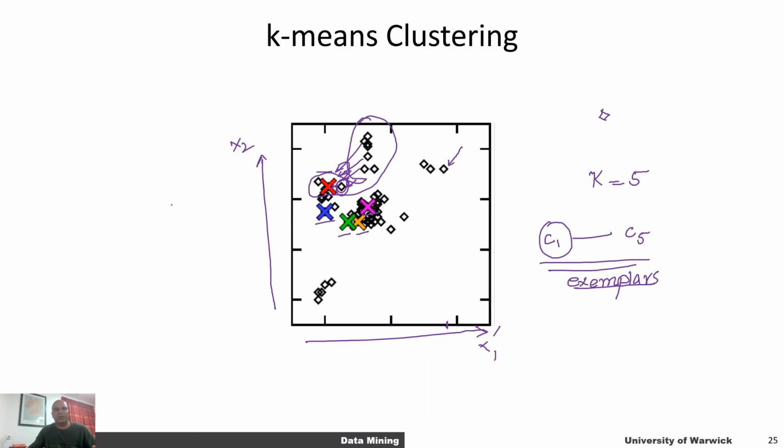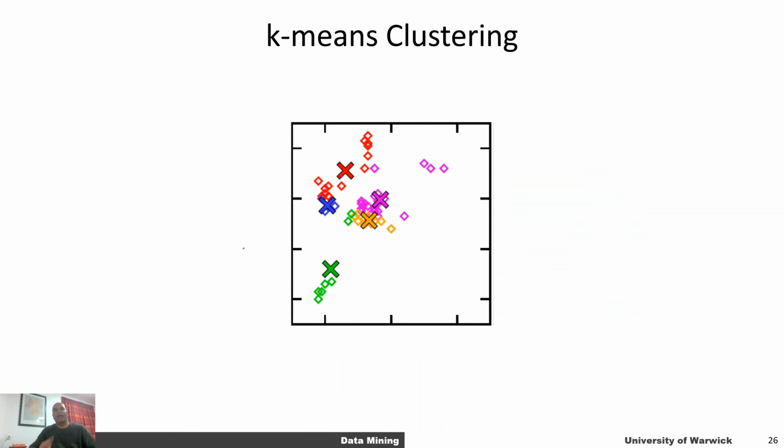And I do it for all the clusters that I have. If I do that, this is what I end up with. Do you notice the difference between the two? Essentially we move these cluster centers to the means of those clusters, so we end up with a new cluster assignment.